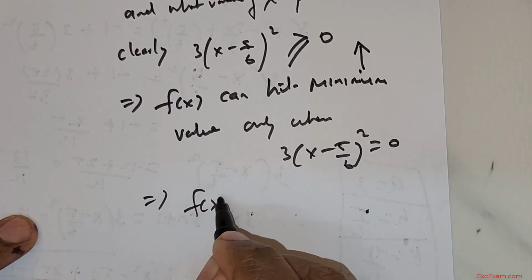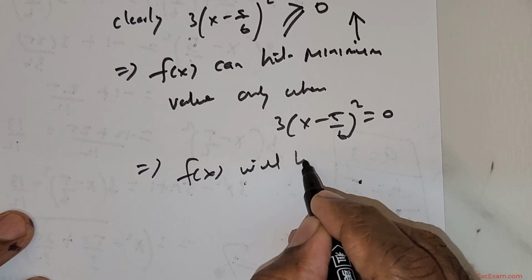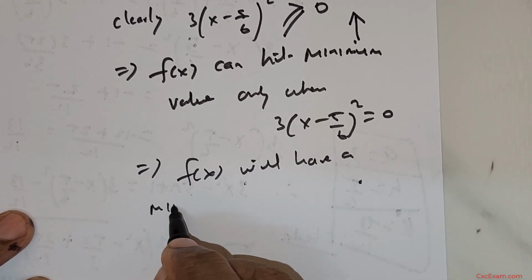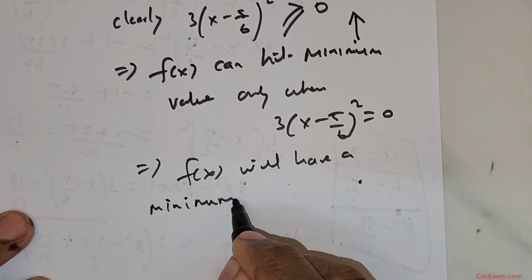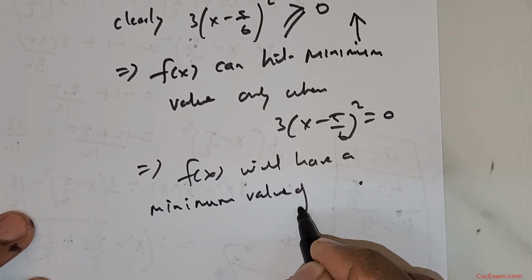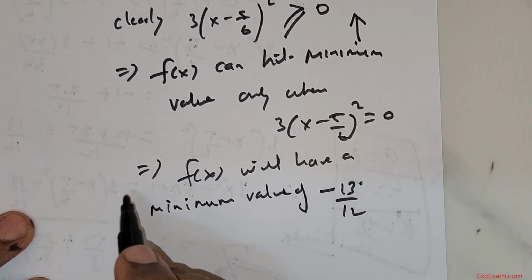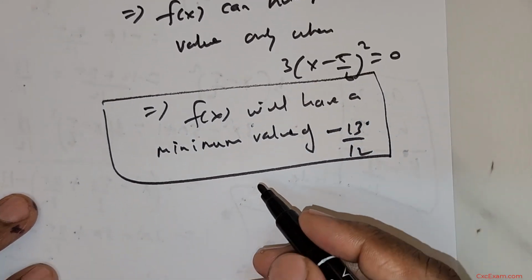So this means f of x will have a minimum value of -13/12. Okay, you can put the box.